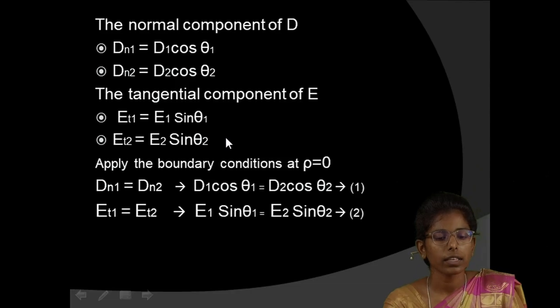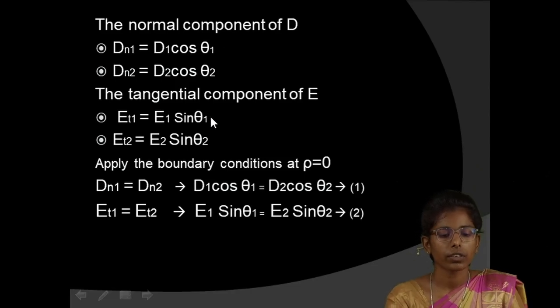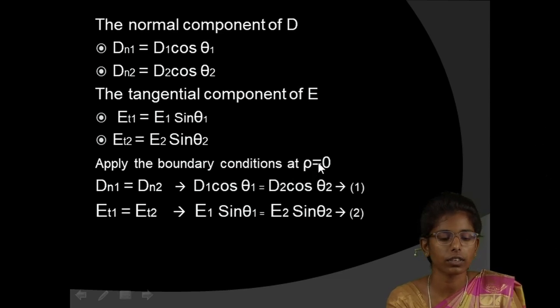By applying these four values in the equation, with the boundary condition rho s equal to 0, meaning the surface charge density is 0 on the surface, DN1 is equal to DN2. Here I apply the values of DN1 and DN2, so the equation becomes D1 cos theta 1 is equal to D2 cos theta 2.